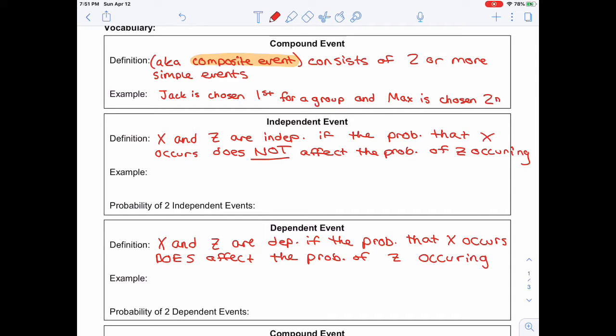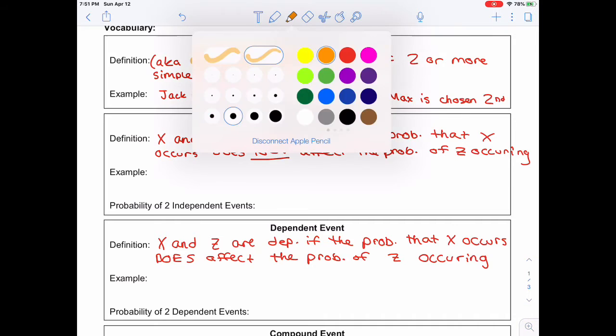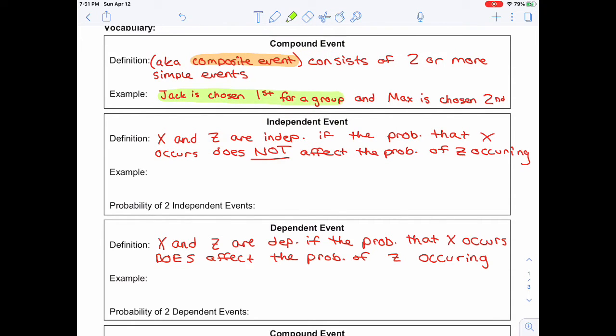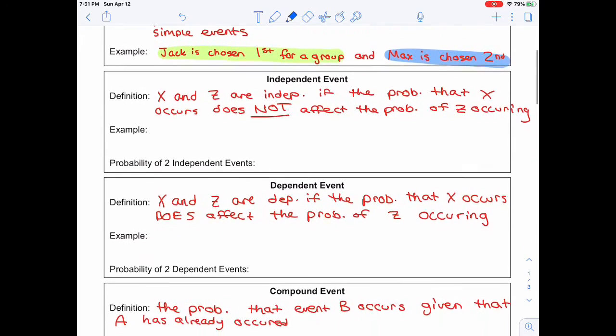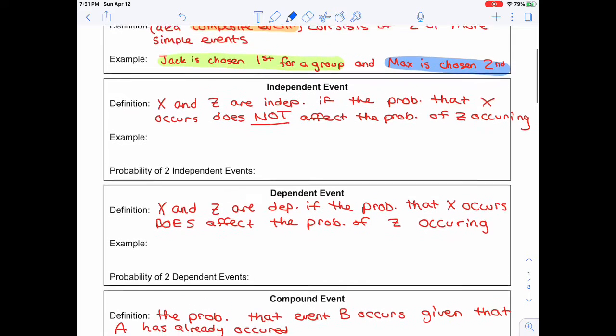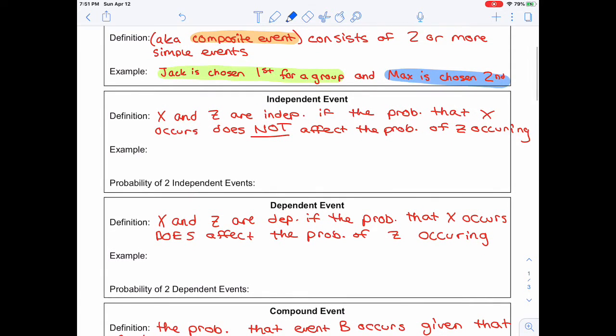That's it. Okay, we have two simple events. Jack is chosen first, so this is our first simple event, and then our second one is Max is chosen second. Okay?